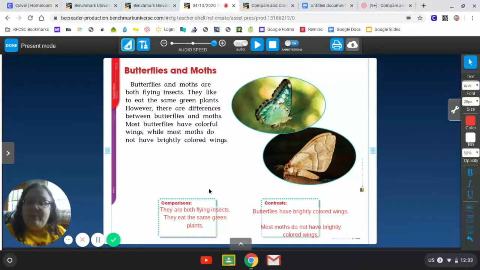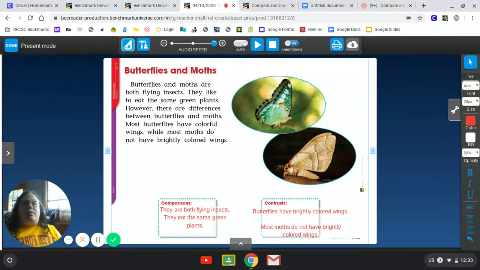All right, so we were able to look at a text and we were able to compare and contrast two animals based on the text. We went back into the text and we looked to see what was alike, and we also looked to see what was different in the two animals.